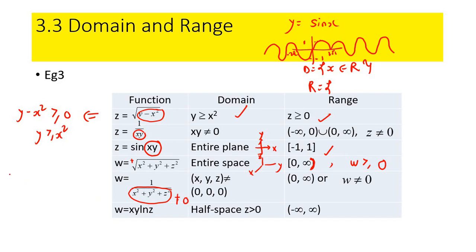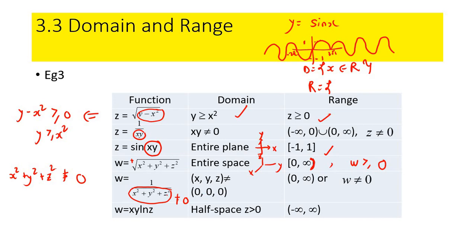So you set x squared plus y squared plus z squared cannot be equal to 0, because if you have 1 over 0 it becomes infinity, and the function is not defined. Okay, x squared plus y squared plus z squared equals 0 happens if and only if x, y, z are all 0.